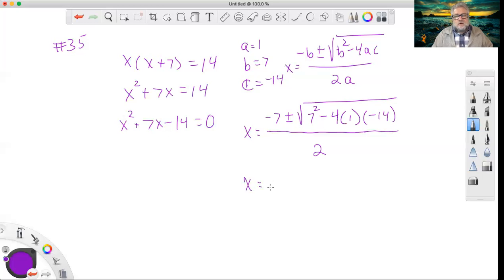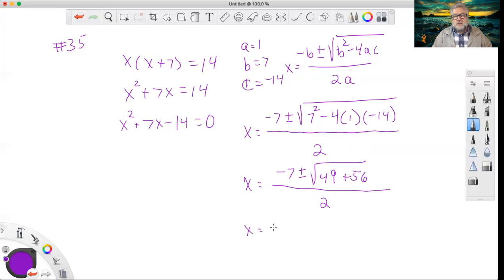Okay, so x equals minus 7 plus or minus the square root of 49, 4 times 14 is 56, so plus 56. Is that right? Yeah, 40 and 16. Yep, all over 2a.